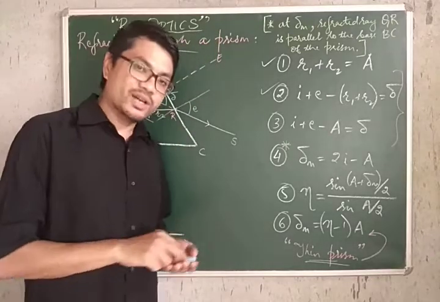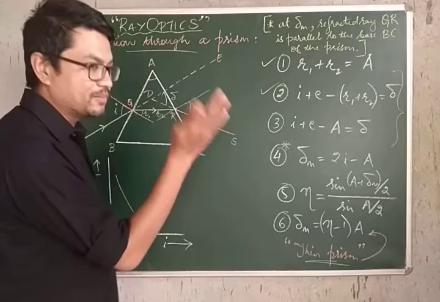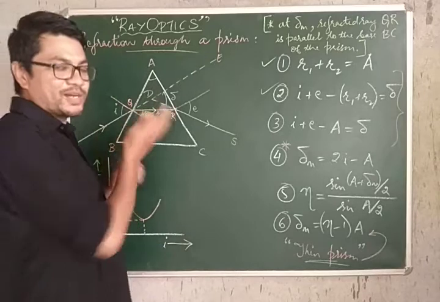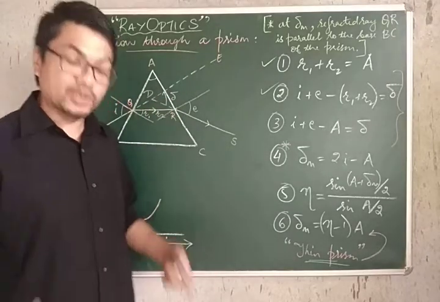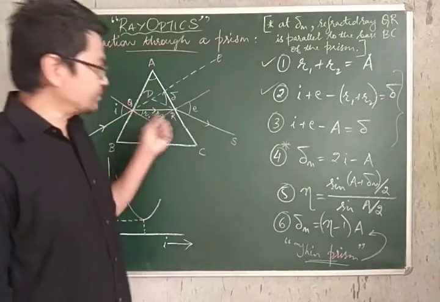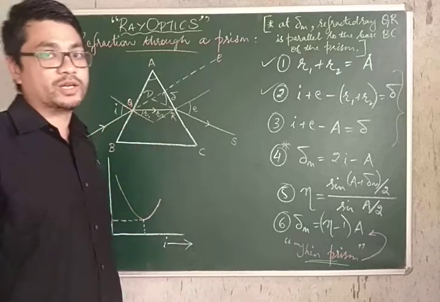And when I say ray of light, I mean to say this is a monochromatic ray of light. Now, it's not that only a monochromatic ray of light will suffer refraction through a prism. A polychromatic ray of light like white light also suffers refraction. But here specifically I am talking about a monochromatic ray of light.